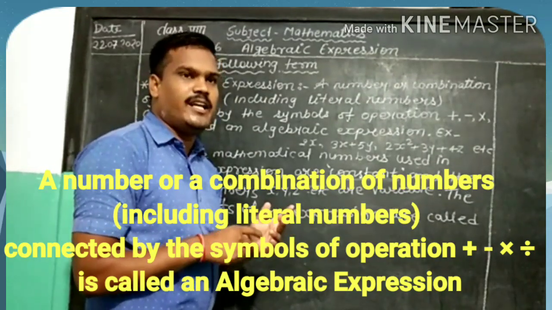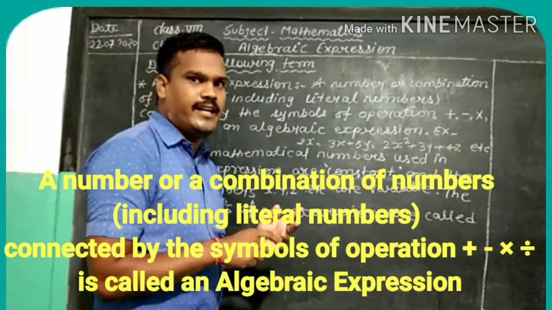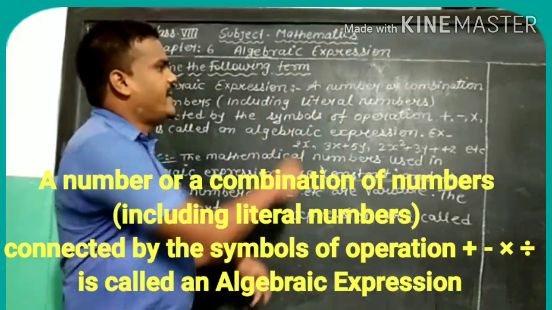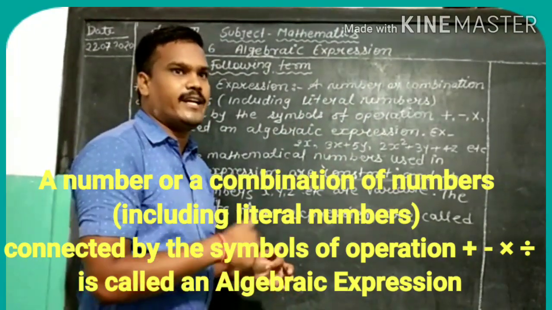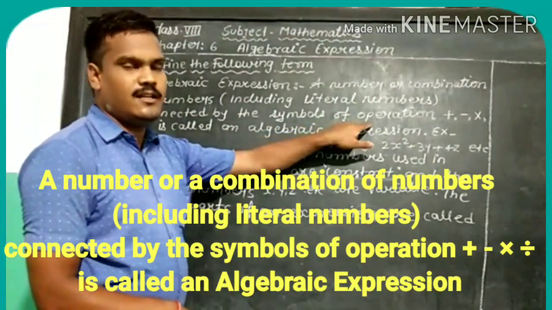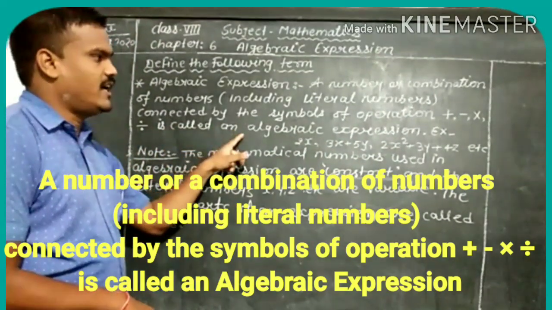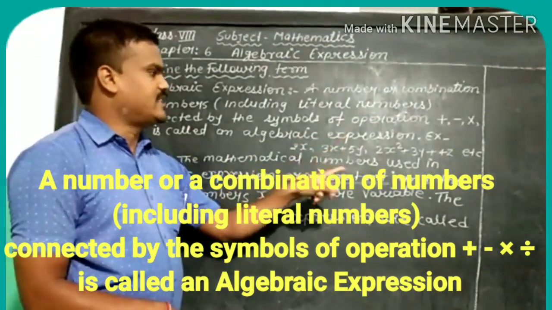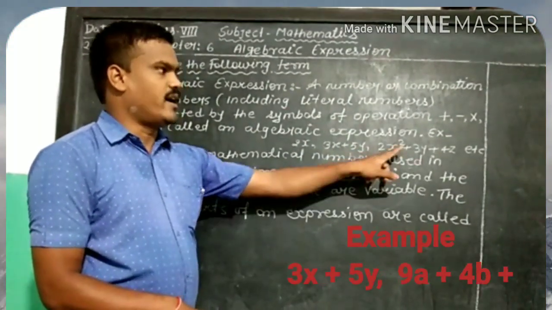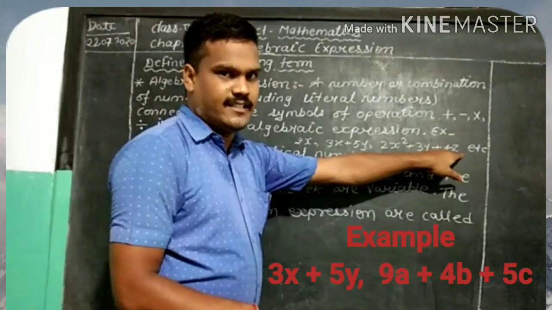Whatever you see in alphabet, meaning A, B, C, D, X, Y, Z. This is called a literal number, meaning alphabetical number, connected by the symbols of operation plus, minus, multiply and division, is called an algebraic expression. Examples here: 2x, 3x plus 5y, 2x square plus 3y plus 4z, etc.